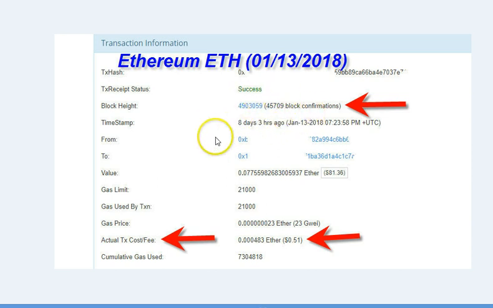That's a lot of confirmations, all right? That can only be done by some high power machines, servers, and corresponding software. And here's the fee for this transaction, and I think it's less than $100.